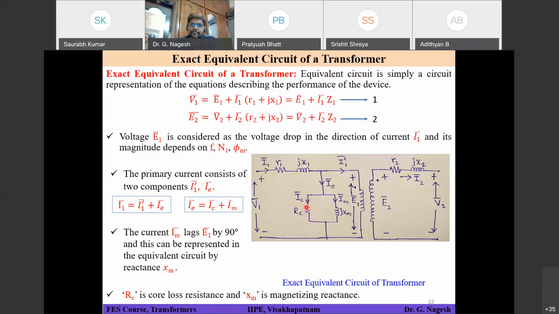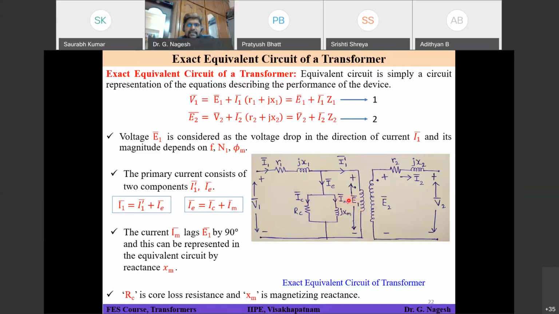Okay. And XM, right? IM is actually lagging 90 degrees with respect to E1, right? In the phasor diagram, E1 will be leading IM by 90 degrees, or IM will be lagging E1 by 90 degrees.